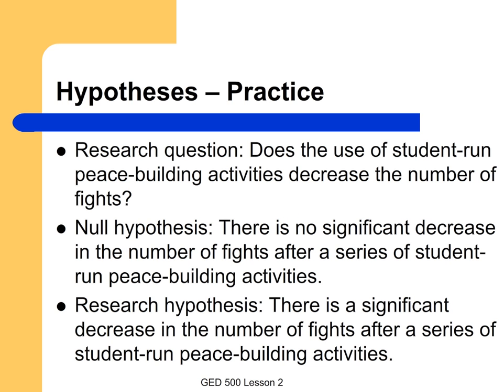Now the null hypothesis again is saying that there's no significant decrease in the number of fights after a series of student-run peace-building activities. Again, the null hypothesis is saying there's no significance. Now, the research hypothesis, on the other hand, is saying, yes, there is a significant decrease in the number of fights that we see after a series of student-run peace-building activities.